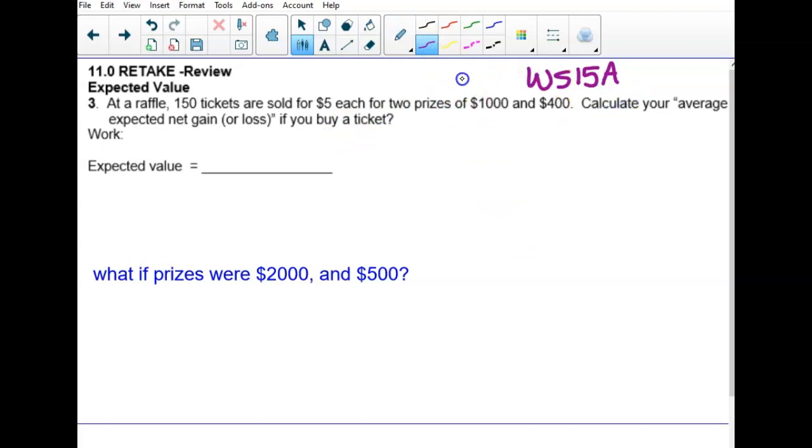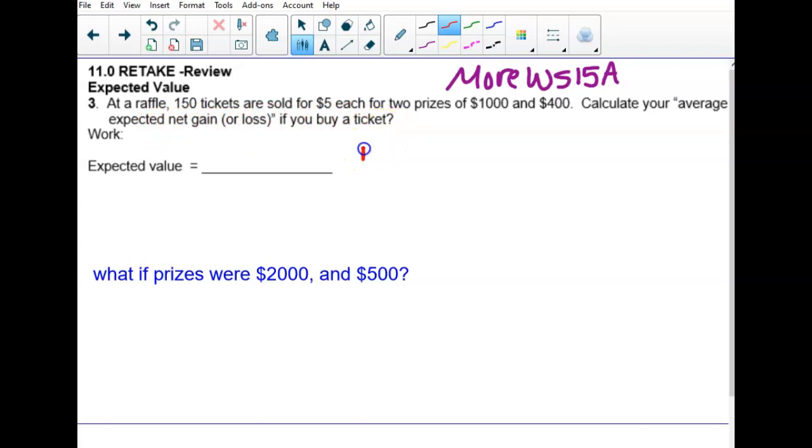So make sure you do the ones on the bottom of 15A, and the answer key should be posted in Google Classroom. But this example says, at a raffle, 150 tickets were sold for $5 each. For 2 prizes of $1,000 and $400, calculate your average expected net gain or loss if you buy a ticket.